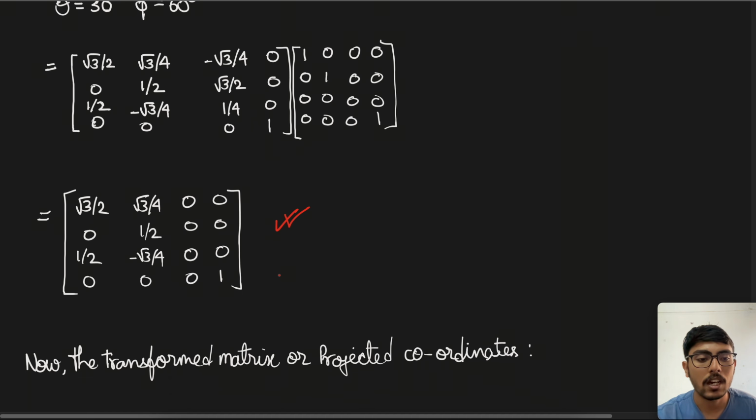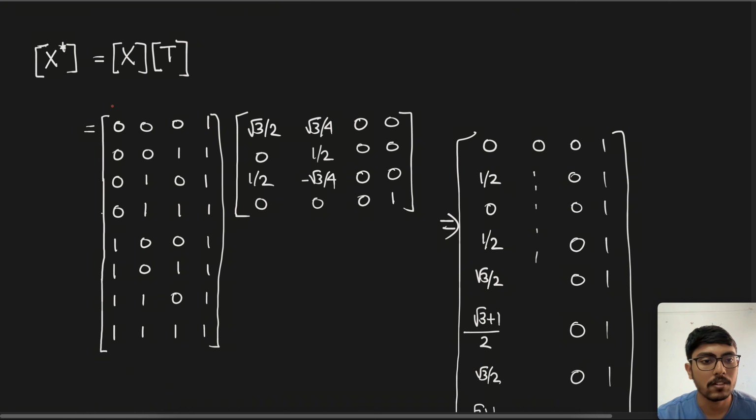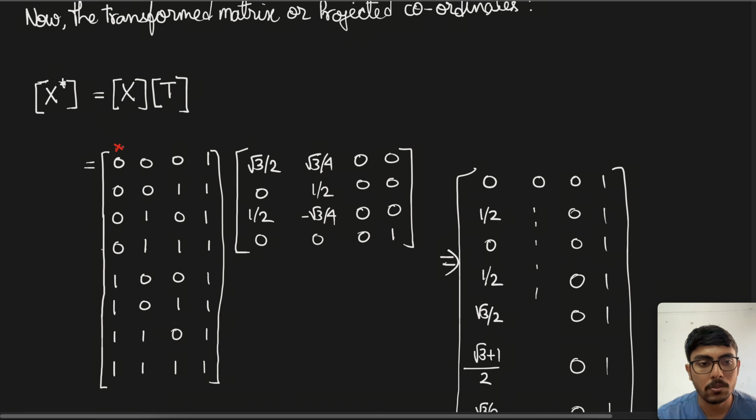Now that we have found the transformation matrix, we will determine the resultant coordinates of the cube. These are the original coordinates of the cube, with the x coordinate, y coordinate, z coordinate, and the constant of homogeneity 1, because we are dealing with homogeneous coordinates.